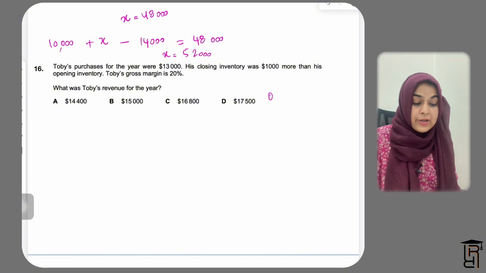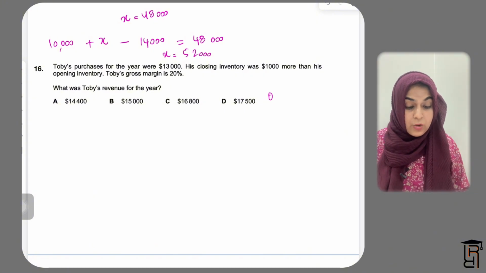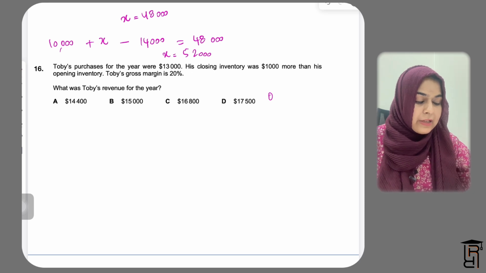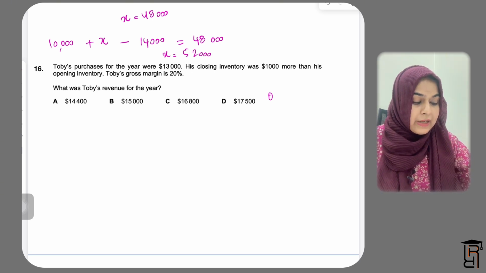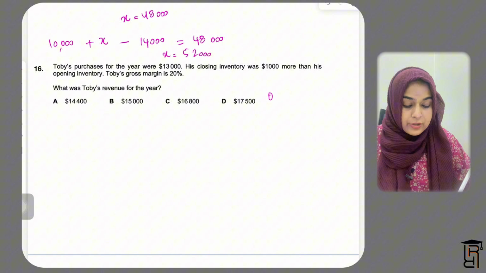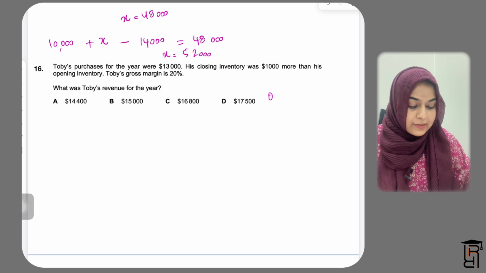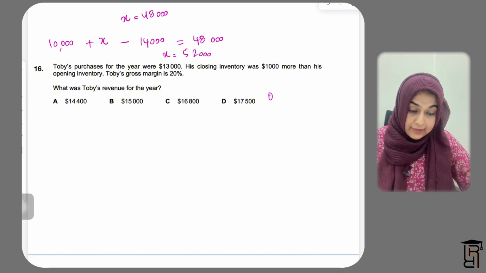Now they have given you purchases also. So we know opening inventory, we know closing inventory, and we know purchases. So we can find out cost of sales, right? Opening inventory 1,000 plus purchases 13,000, which is 14,000 in total, minus 2,000 closing inventory, is equal to 12,000, which is going to be my cost of sales.